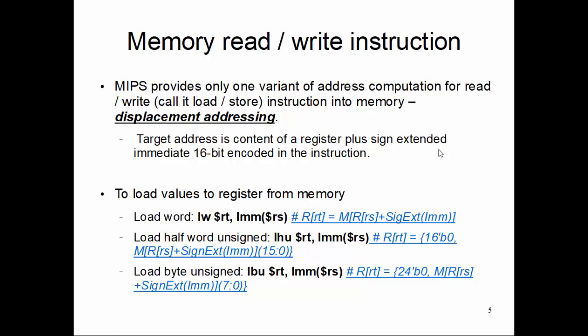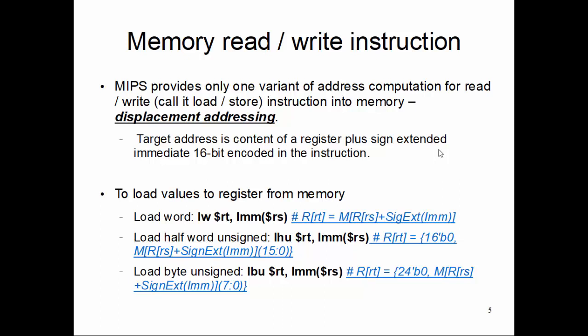So from a base address, you compute your final target address by adding an offset, and this offset can be positive or negative. If it is positive, you access a higher address from the base address, or if it is a negative offset, then you access a lower address from the base address. That's the idea of displacement addressing.